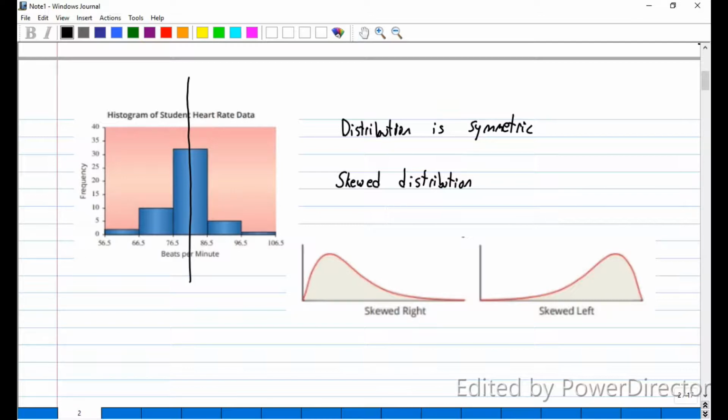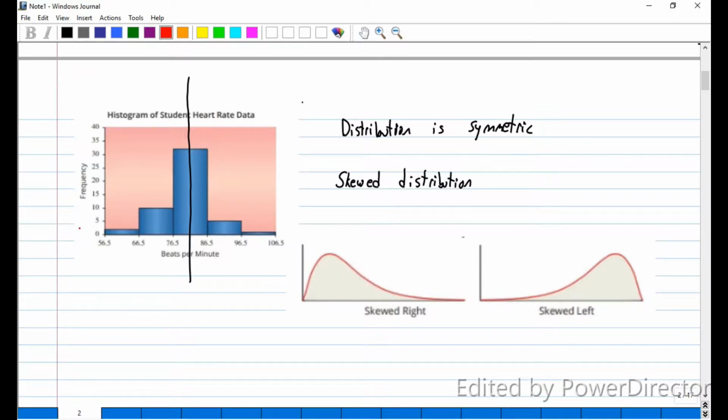The tail, they call this the tail. It kind of looks like a tail, how it comes together here. The tail is over to the right. And here it's skewed to the left, so the tail will be over to the left. And you say, well, I don't see any rectangles there. There'd be rectangles in here.